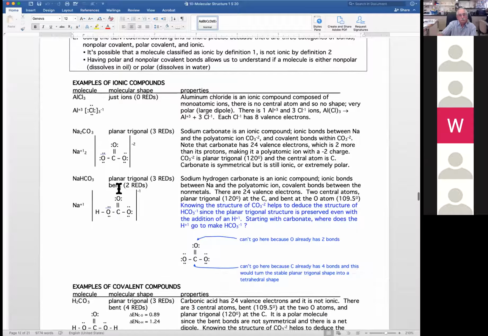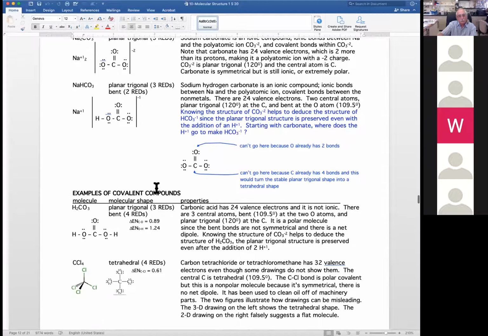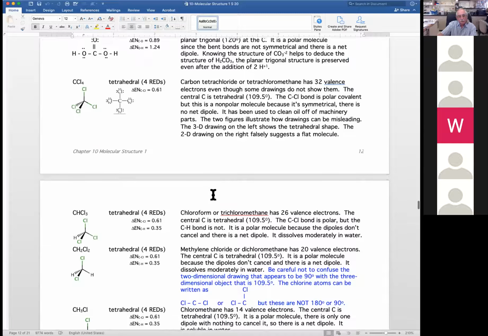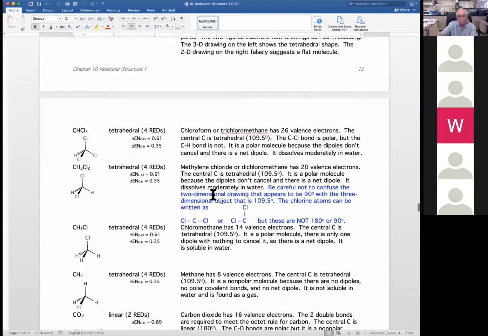So here's a whole bunch of different examples. Do you have any questions on any of these examples? Let me know.